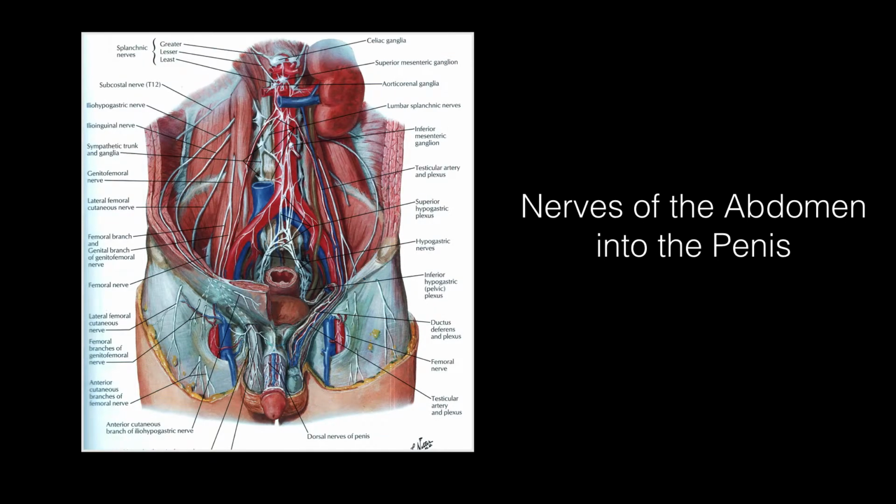And here we're looking at the nerves of the abdomen and how the nerves of the abdomen innervate from the belly into the penis. Now, the way that nerves work in very broad brushstroke terms is that the nerves are layered in through and between layers of fascia, layers of muscle, and in around the organs.